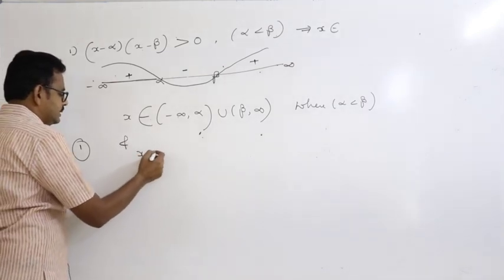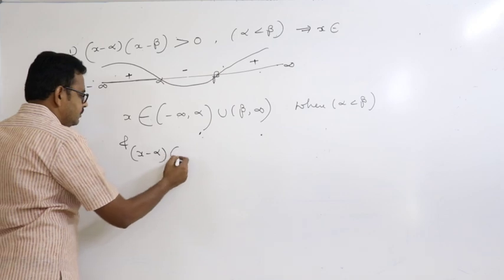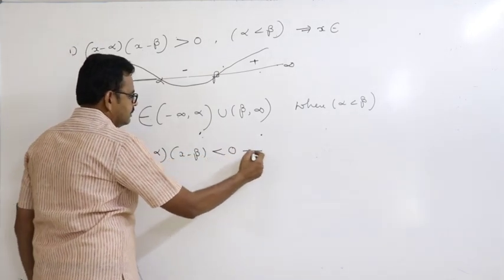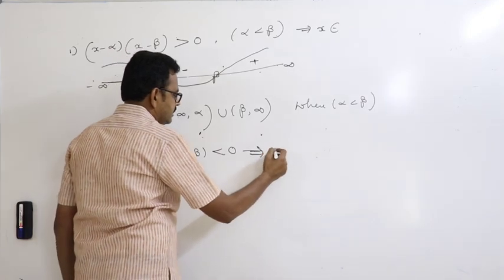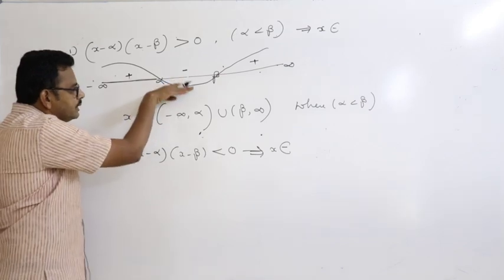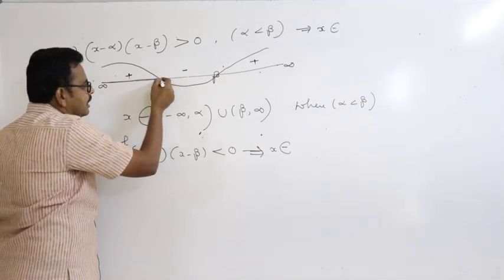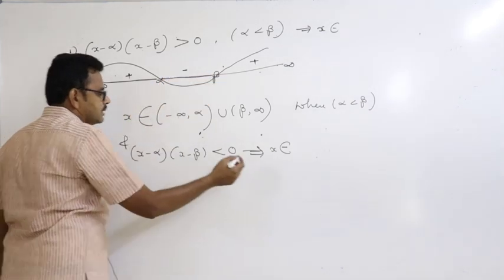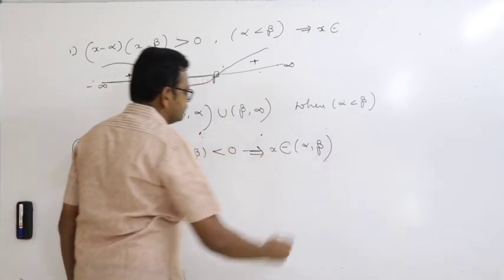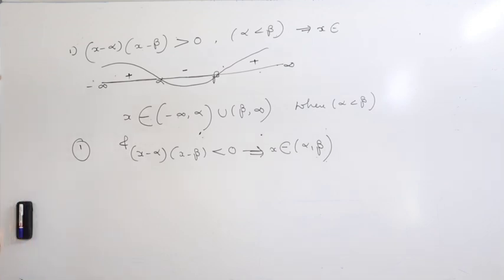And x minus alpha into x minus beta is less than 0 implies x belongs to what? By observing, x belongs to below the line in this interval alpha to beta, x belongs to alpha comma beta.